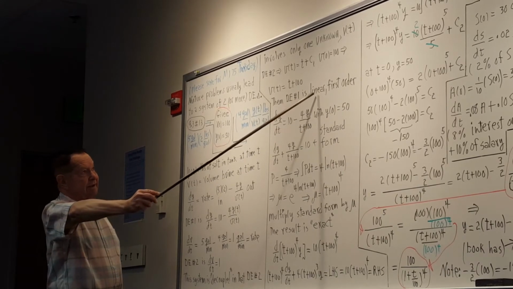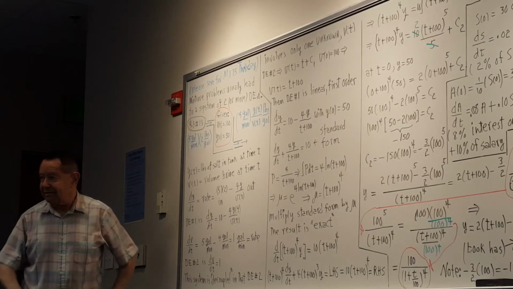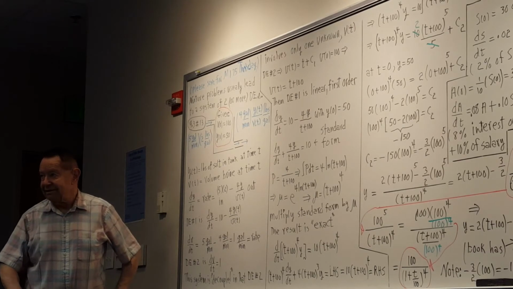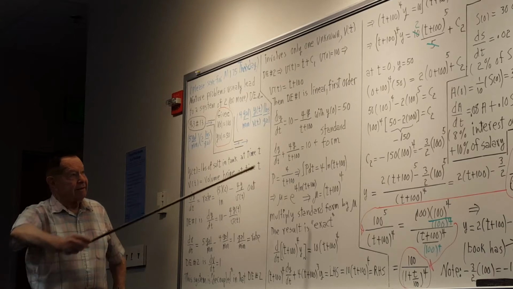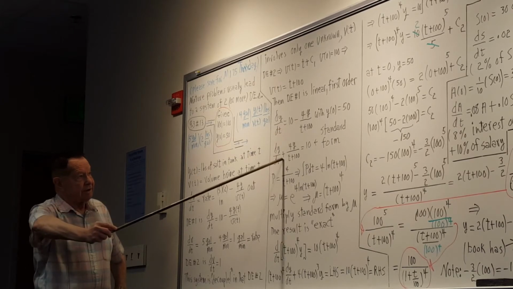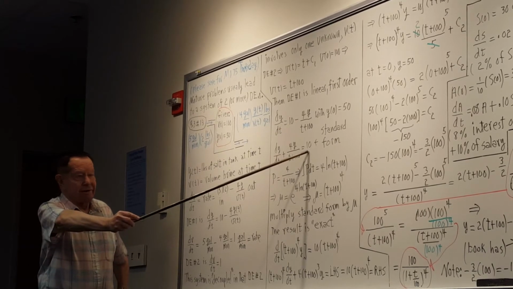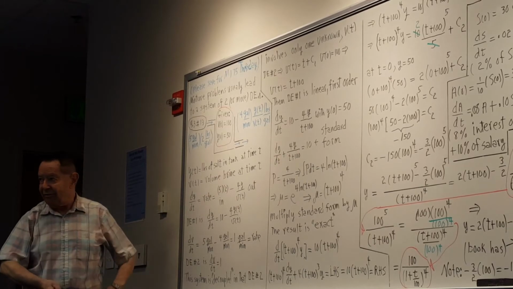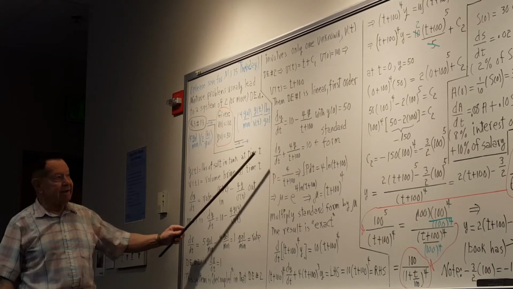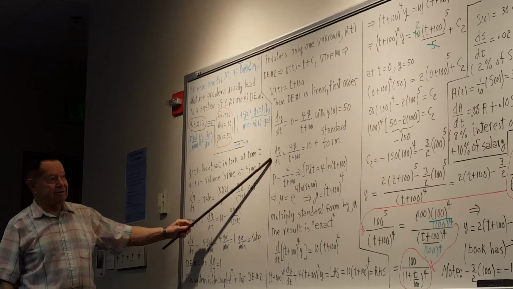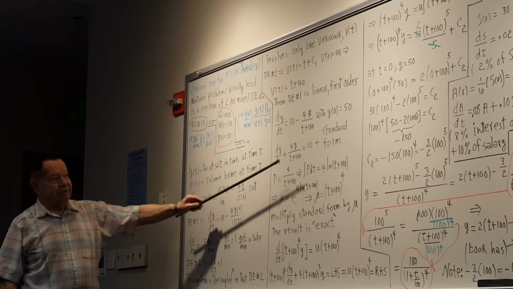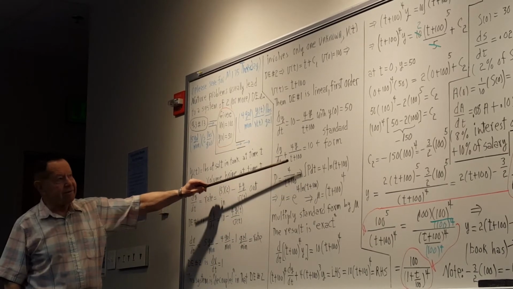This is linear first order, which we talked about how to solve last Friday. If you move this across, it looks a little more like what we called standard form. Notice your coefficient here is 1. And so you get the integrating factor.